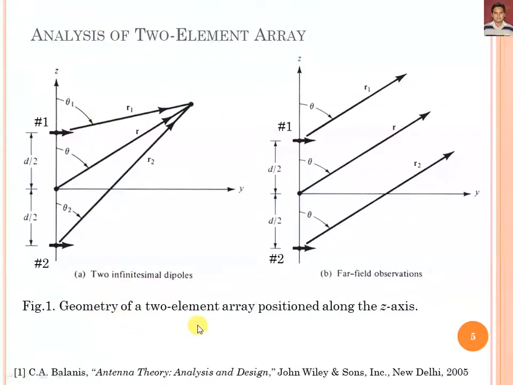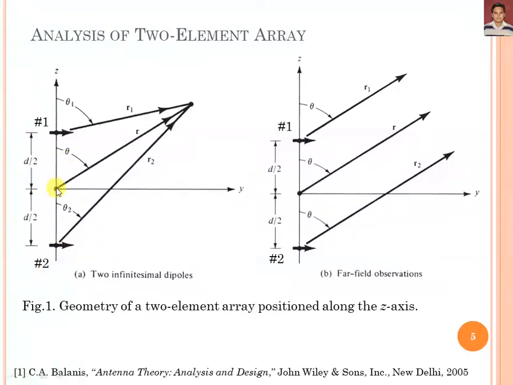This is the geometry of the two element array, and this geometry is positioned along the z direction as you can see in figure 1. Here we are using two infinitesimal dipoles, which we can denote as #1 and #2, and the distance between them is d.